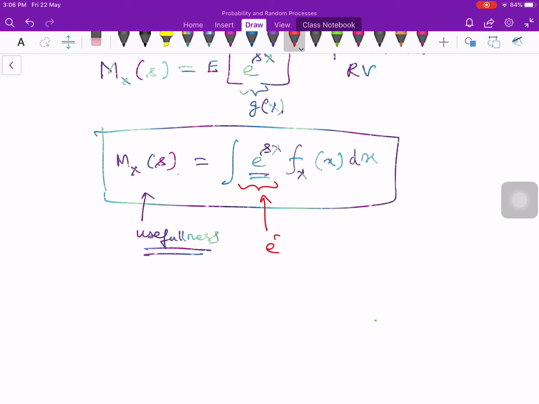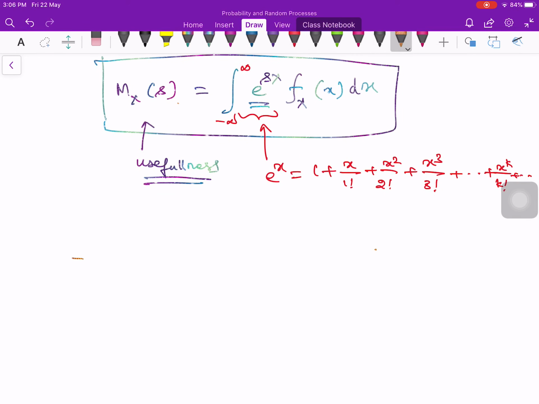We know that e power x is equal to 1 plus x over 1 factorial plus x squared over 2 factorial plus x cubed over 3 factorial plus and so on, let's say x to the k over k factorial plus and so on. In the same manner, this also can be expanded, and in general the limit is from minus infinity to plus infinity.